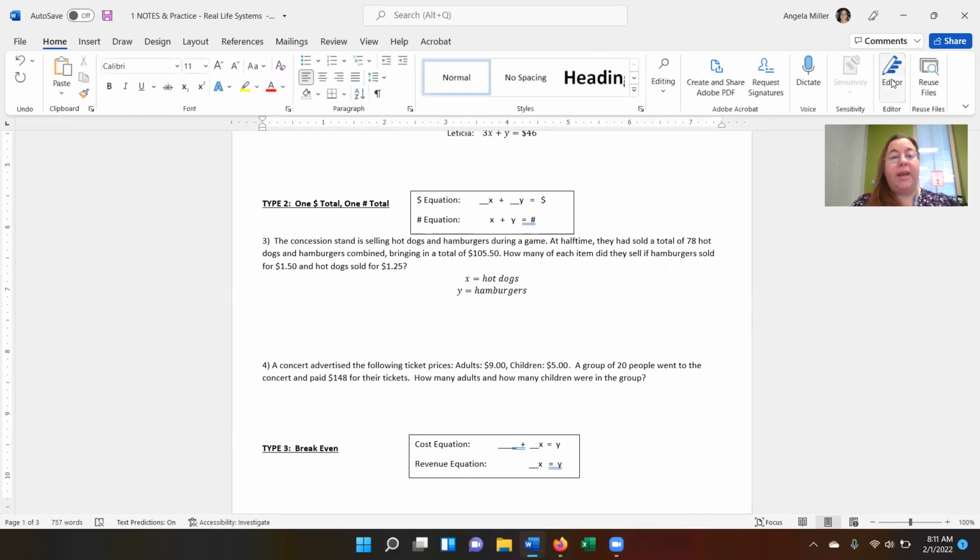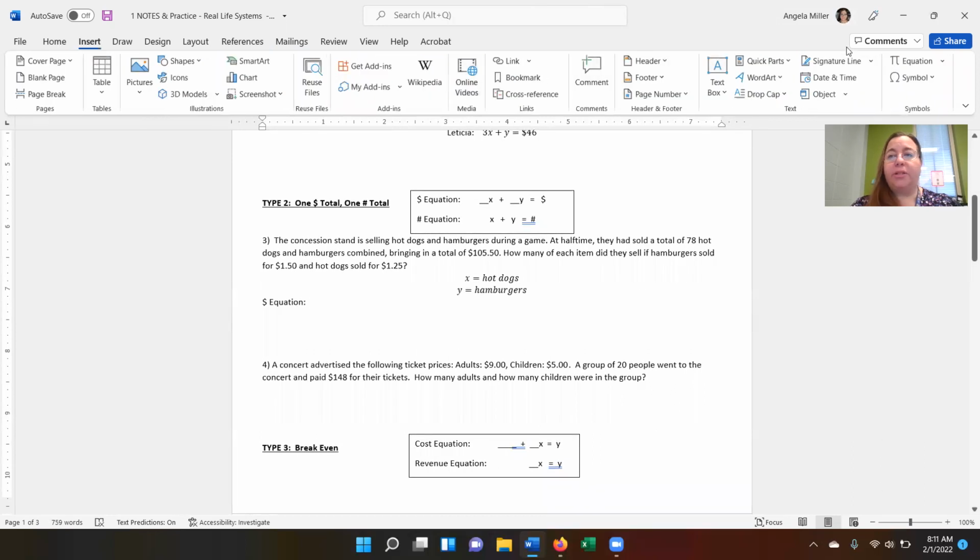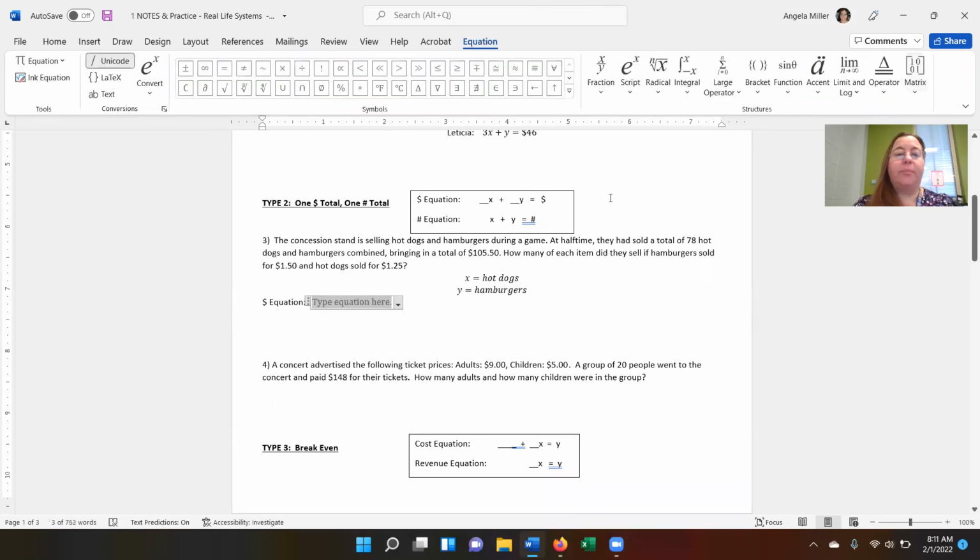All right. So now we want our dollar equation. And what is that going to look like? So our dollar equation is going to have something x plus something y equals the dollar amount. So if we look here, we know we're dealing with money. So we're going to need to deal with money here. And so we can see how many of each item did they sell if hamburgers sold for $1.50 and hot dogs sold for $1.25. And so that's what we want to use, right?